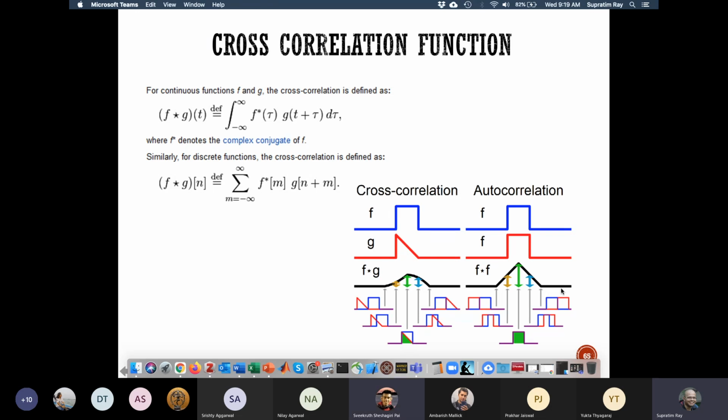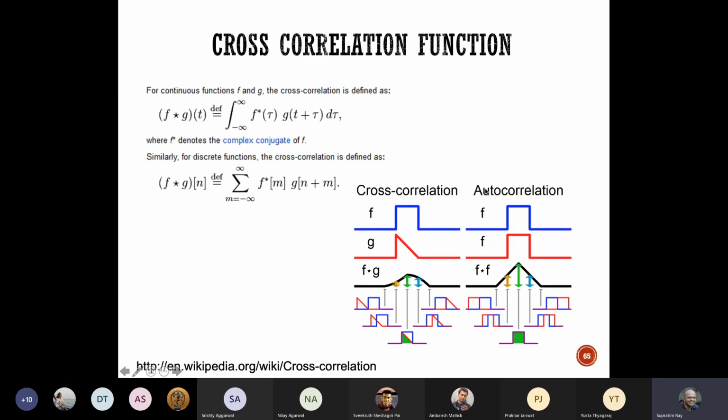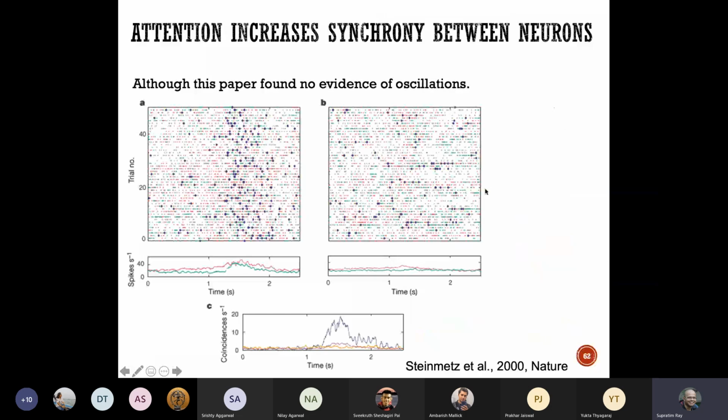Does it reduce to regular correlation with a lag of 0? Well, no, it doesn't. These are two different things. The regular correlation is defined in terms of the number of spike counts over some interval.